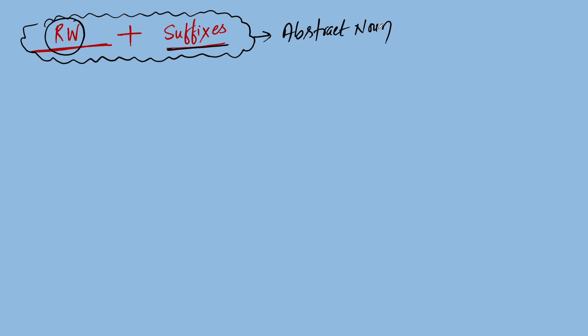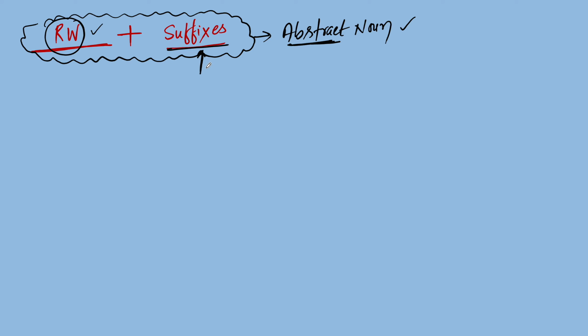Okay. So these affixes are basically changing the root word into an abstract noun. So don't you think these affixes are behaving like a noun maker? What sort of noun maker? Abstract noun maker. Means these affixes are behaving like abstract noun makers.